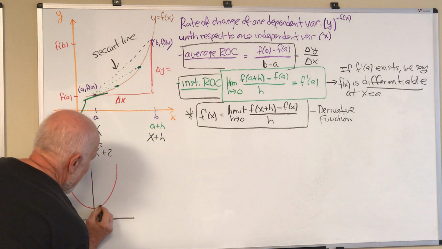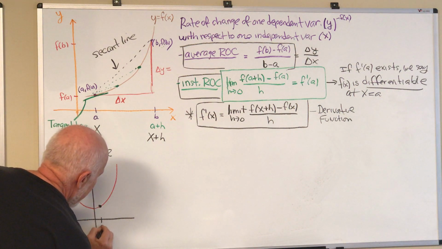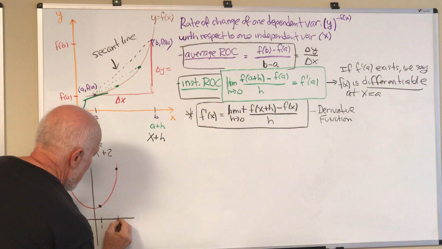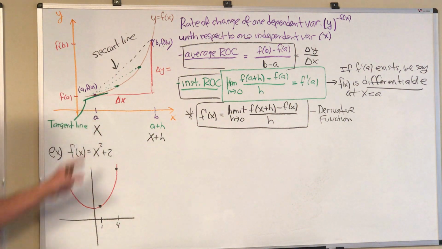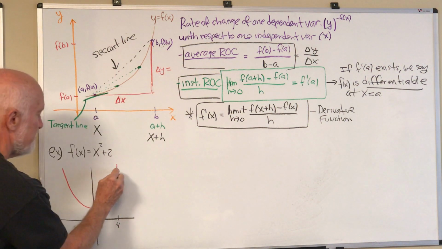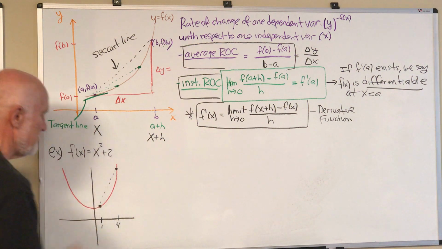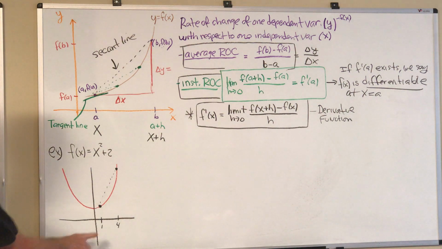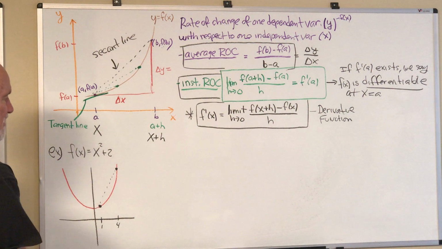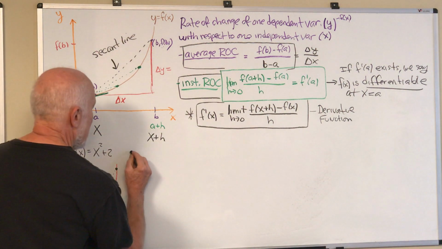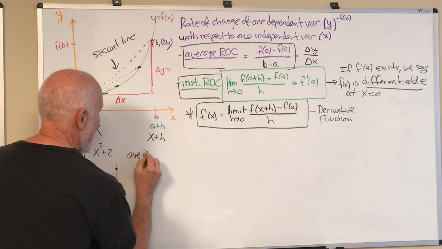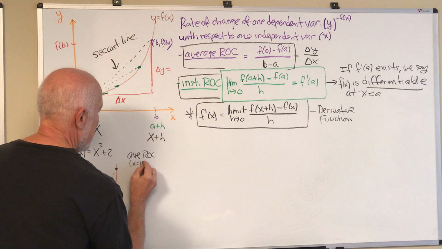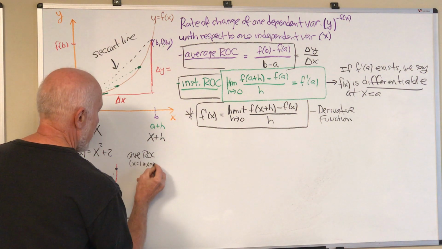Well, we could take from 1 to 4. And say we wanted to find this first thing, the average rate of change. That would be the slope of that line right there. So what would be the average rate of change from x equals 1 to x equals 4?